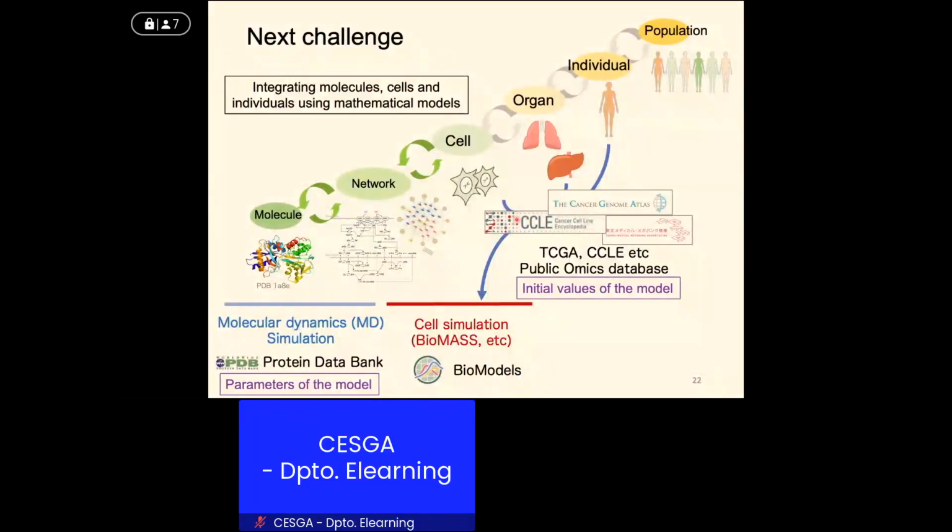And here is the next challenge. This is about how to integrate the molecular dynamics simulation and the cell simulation. Because when I was in RIKEN, I closely collaborated with people involved in Fugaku, the former supercomputer project, who do molecular dynamics simulation.